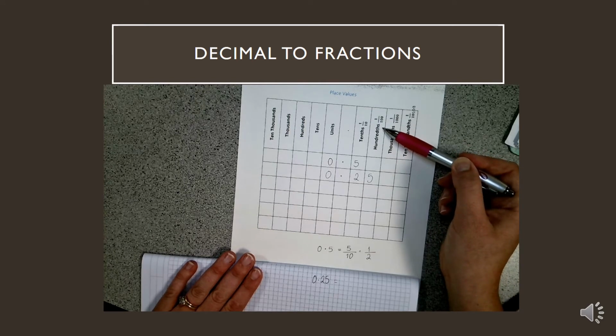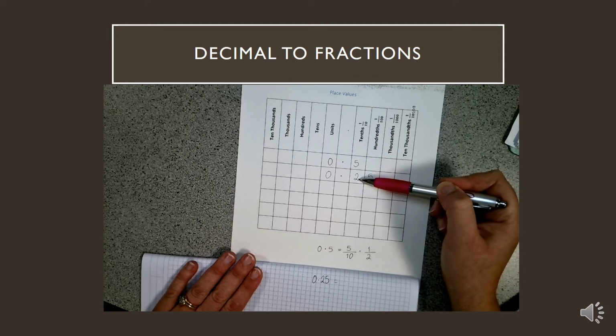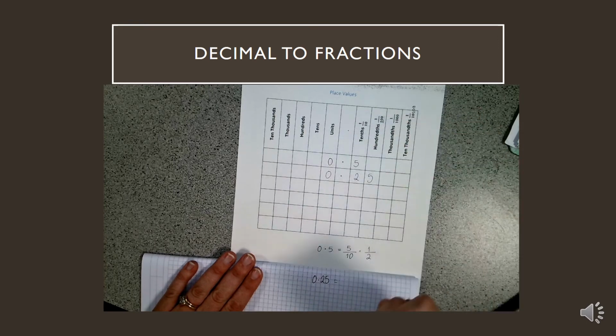We can say 2 tenths and 5 hundredths, or combine them, you can say you have 25 hundredths. So 0.25 is equal to 25 over 100, 25 hundredths. Simplifying, 25 is common to the top and bottom. Divide 25 into itself, you get once, and into 100 you get 4 times. So 0.25 is equal to a quarter.